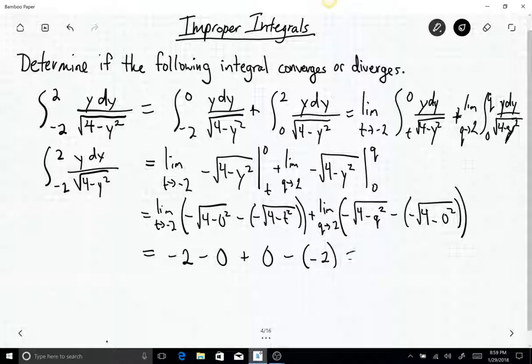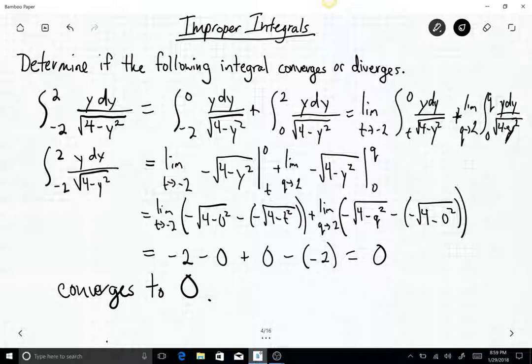And now all we need to do is simplify this. Negative 2 minus a negative 2 makes 0. So in terms of our solution, when it goes to a real number, not infinity or negative infinity or does not exist, this converges to 0. That's exactly what we have there.